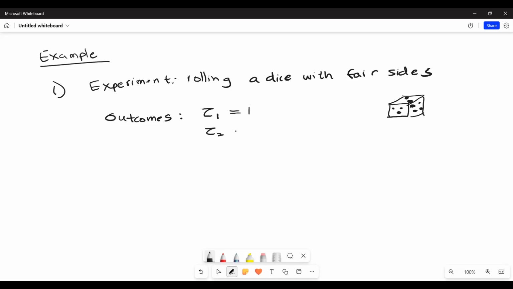Then tau 2 is getting the number 2, and I will define that outcome as 2, and likewise I will define for all the outcomes a certain real value.